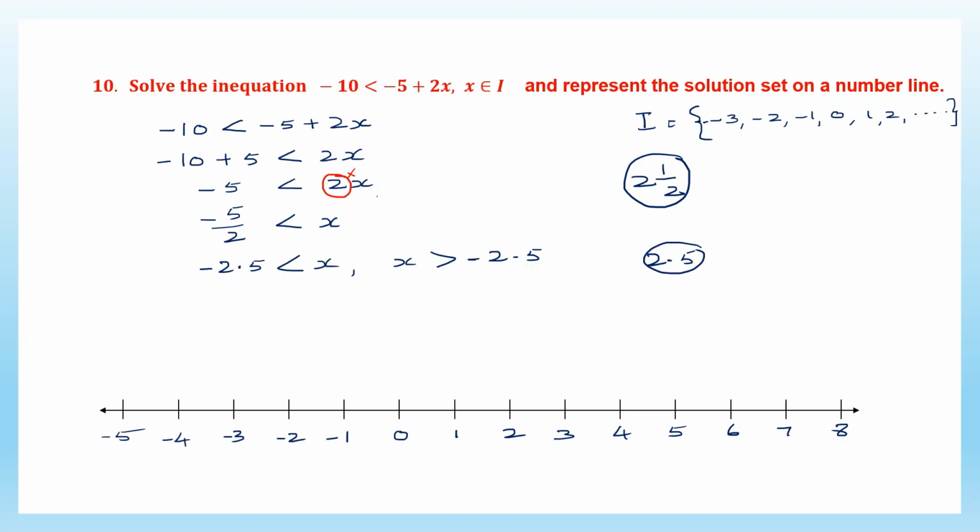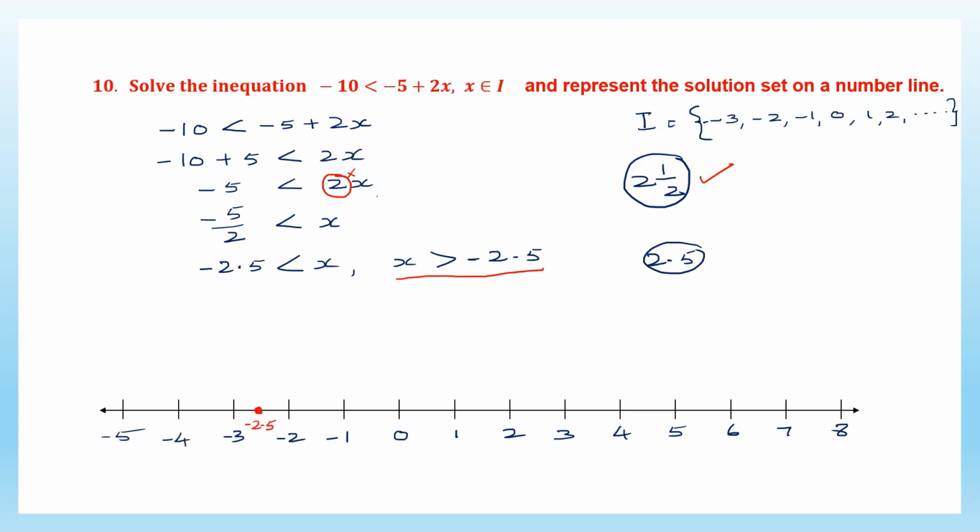Okay, now 2.5, where do you think it will be? 2.5 is between 2 and 3, isn't it? 2.5 will be between 2 and 3. So minus 2.5 will also be between minus 2 and minus 3. So it will be here somewhere. So this is where you get minus 2.5. And here we say x is greater than minus 2.5.